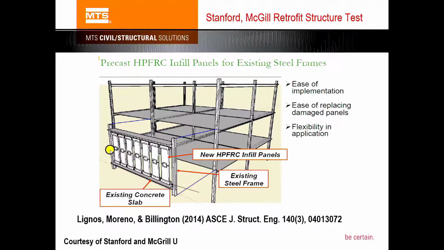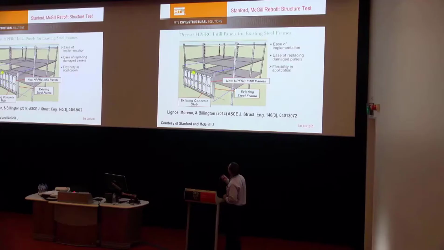So they designed some kind of panel, an energy absorption panel like this. And they want to test whether the panel, if installed in an old building like this, will improve the earthquake resistance. So that's the purpose of this hybrid test.